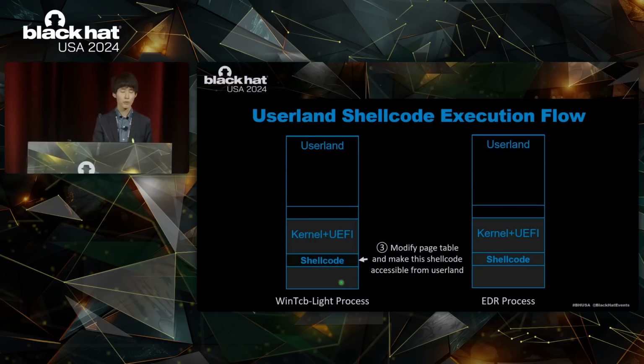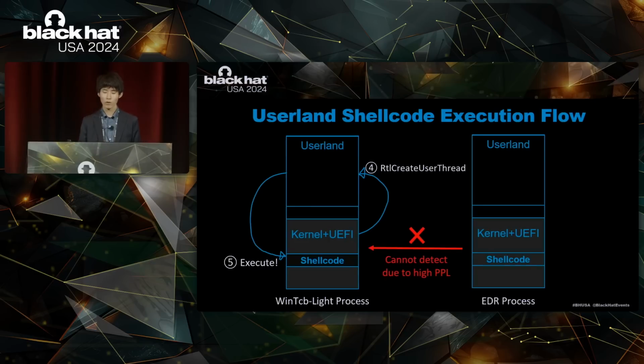Next, since this memory area cannot be accessed from the userland, we have to modify the page table of this PPL process to make this buffer accessible from userland. And the shellcode exists in every process's memory, but since the page table exists per process, the shellcode cannot be accessed from the userland in other processes, including the EDR.